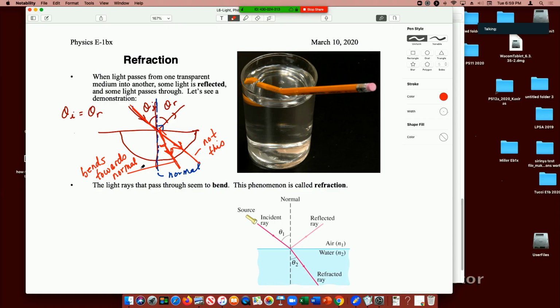You can see that the light is coming in, some of it is getting reflected at the surface, and then look at the part in the acrylic. It's bending towards the normal of the surface.